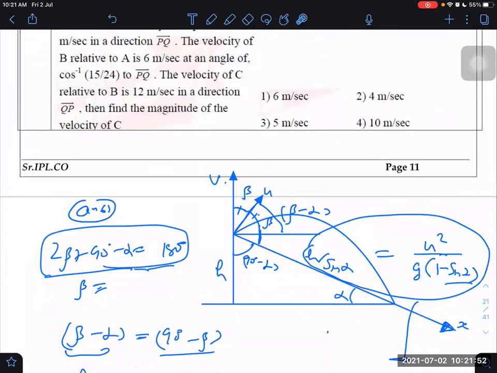We will assume there is an incline, and we have to get the condition of maximum range on the incline. Maximum range on the incline will be when this h by sin alpha value will be equal to u square by g into (1 minus sin alpha). We can get alpha from there in terms of u and h.